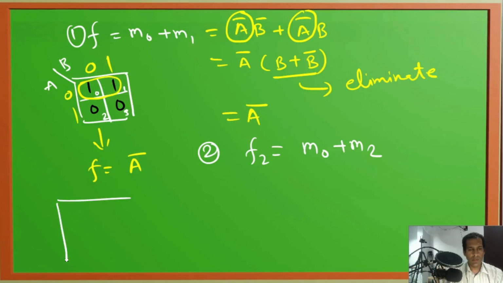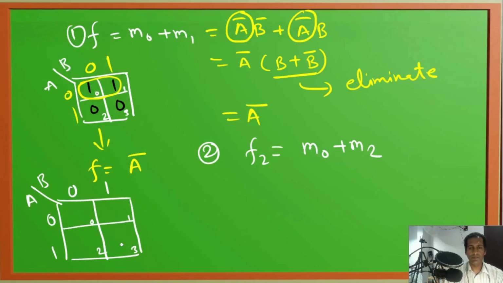So for this we can have these 4 squares. This side we have a, this is b, 0 1, 0 1. So this is 0 1 2 3. There we are saying m0 and m2. So m0 is here, so it will be 1. Here m2 is here, so it will be 1.